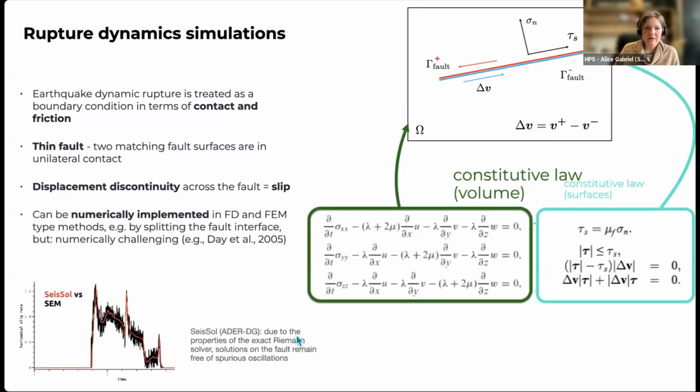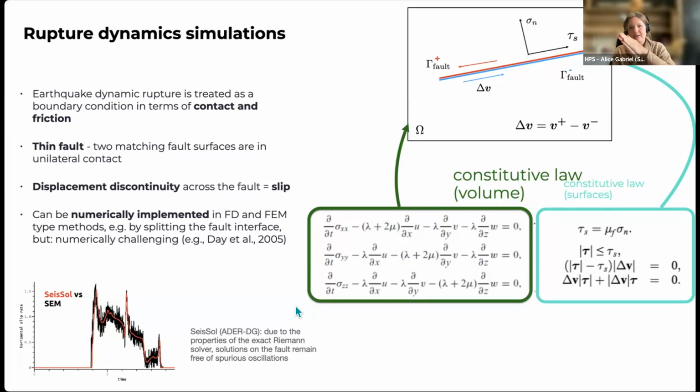So this framework can be numerically implemented in a range of numerical methods: in finite difference and finite element type methods, or their higher order derivatives, such as spectral elements or discontinuous Galerkin. They're both finite element kind of methods. The way this is implemented typically is, for example, by splitting the fault interface, and that's how it's done in most other methods.